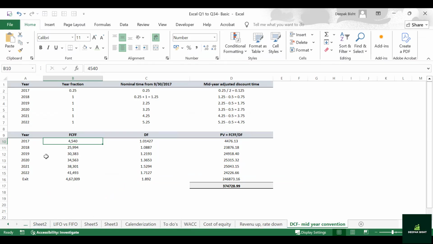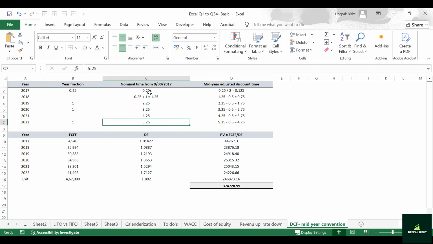Okay, so here this was the year fraction. The nominal timing was 0.25, 1.25, 2.25, 3.25, 4.25, and 5.25. You're supposed to discount them back.